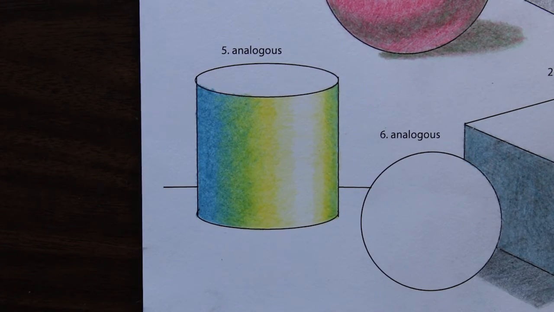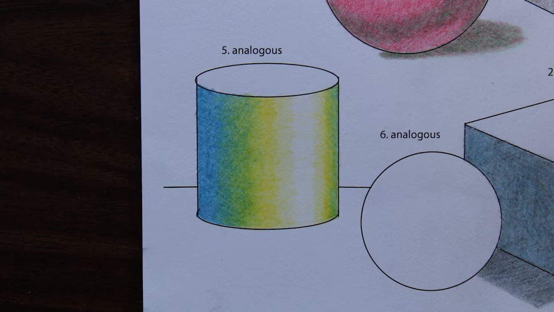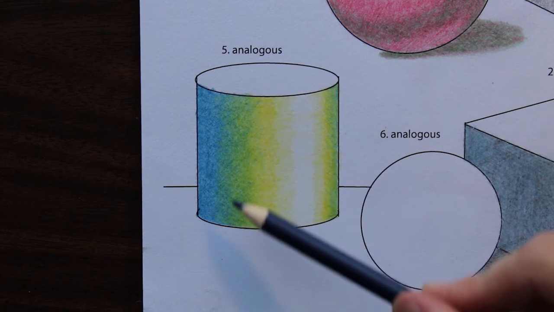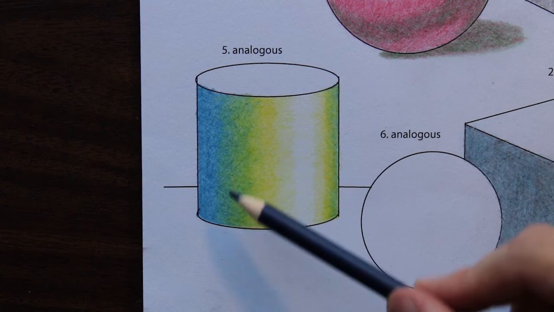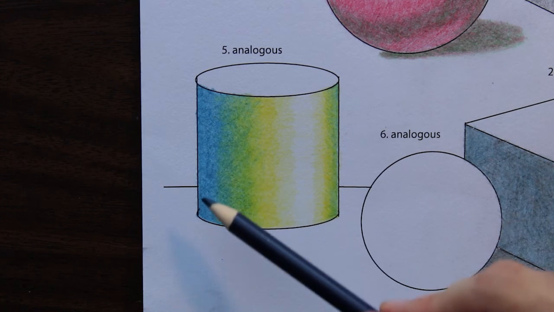Okay, so as we can see, we clearly have a defined blue, green, and yellow in our analogous form here. We've also refined our highlight quarter tone and moving into that yellow-green midtone, as well as our dark blue base tone.